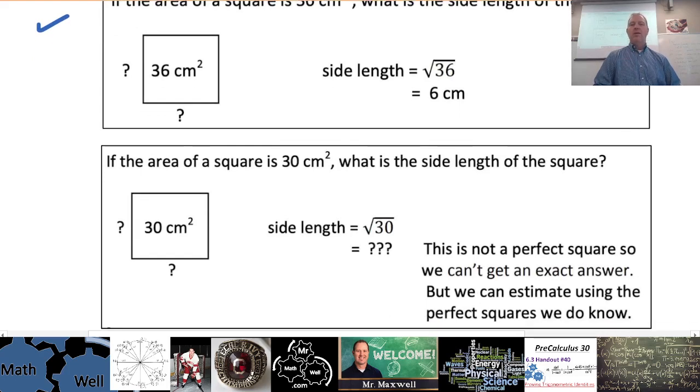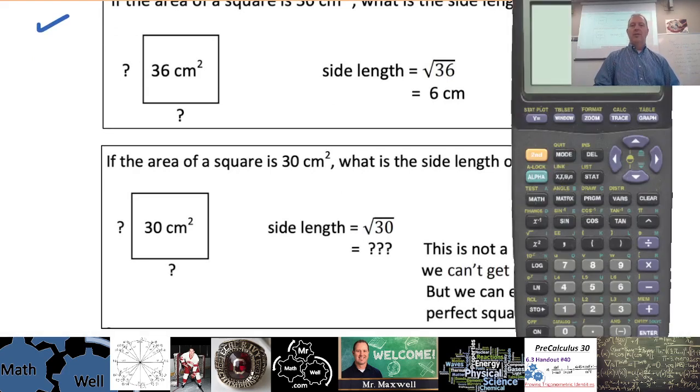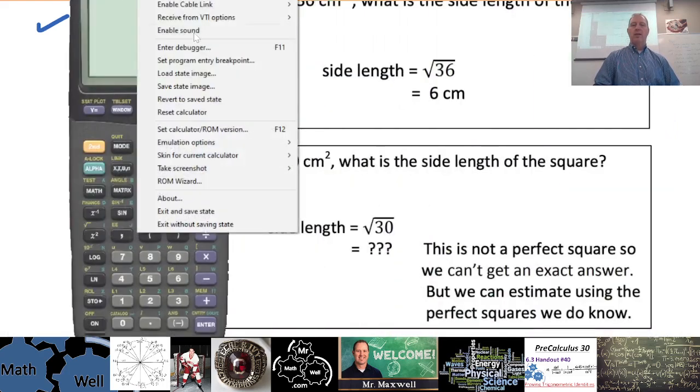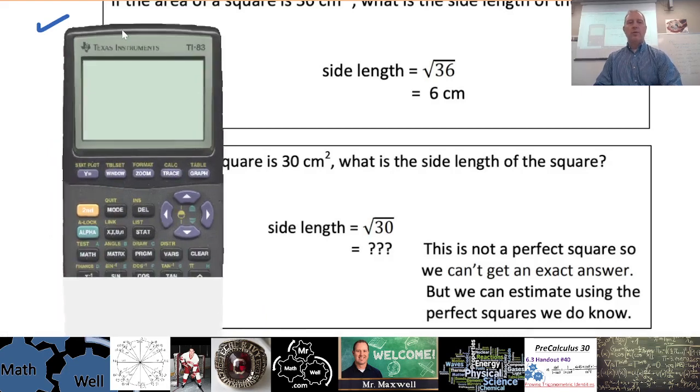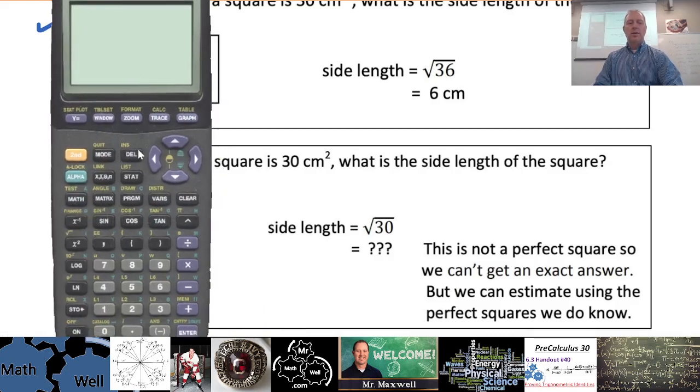Now, what about if the area was 30 square centimeters? Well, the square root of 30. If you do that on your calculator, first of all, we know 30 is not a perfect square number. So if we were to try this on our calculator over here, turn that on, clear everything.